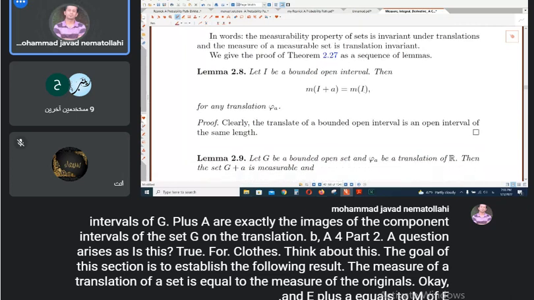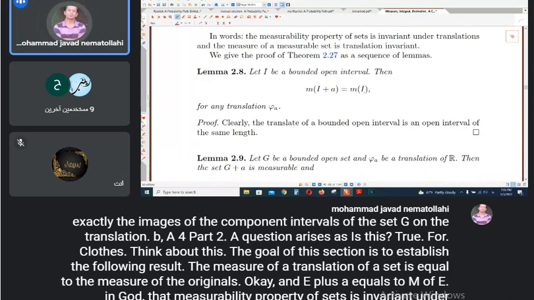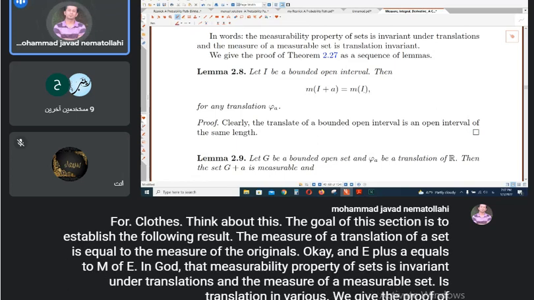In words, the measurability property of sets is invariant under translations, and the measure of a measurable set is translation invariant. We give the proof of Theorem 2.27 as a sequence of lemmas.